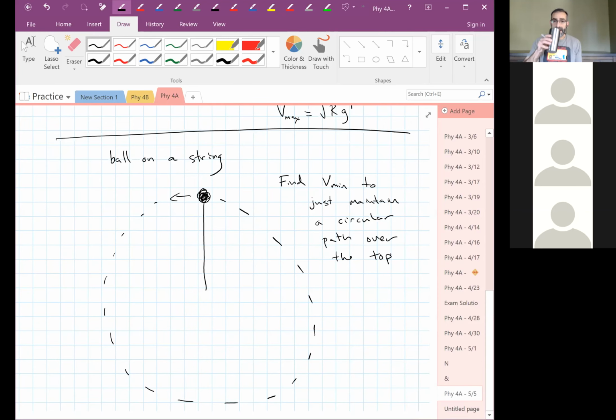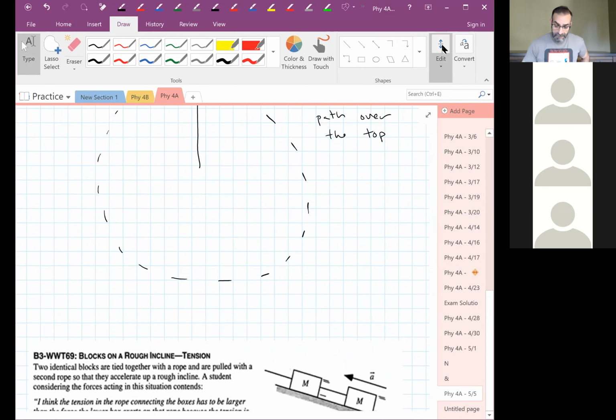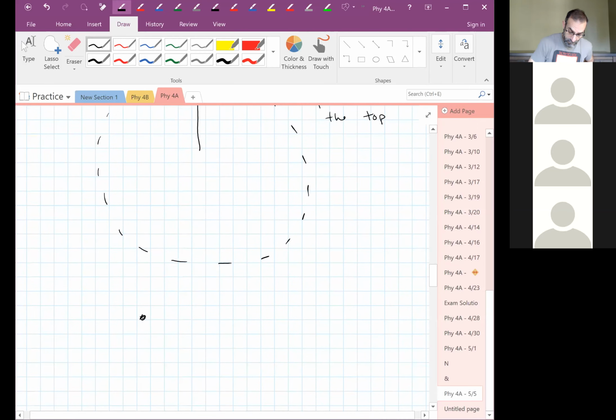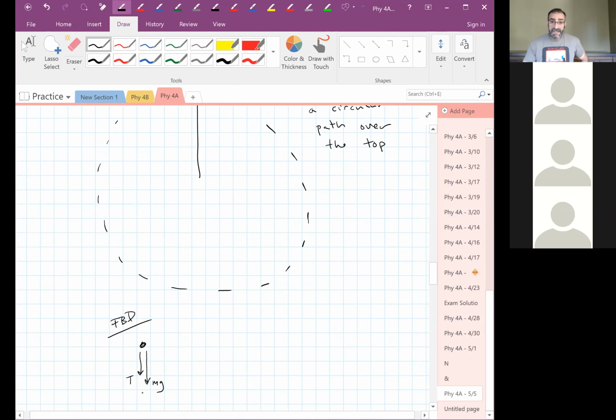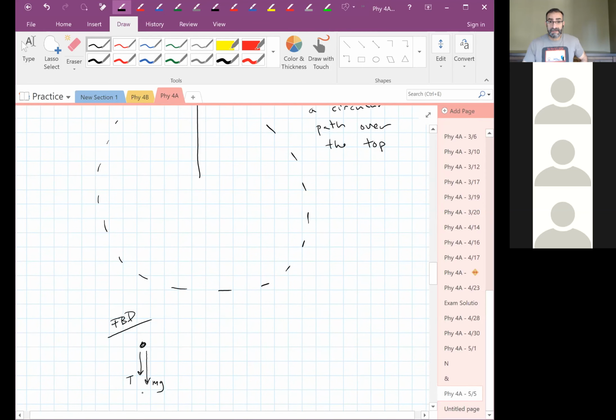So you're drawing a free body diagram, applying Newton's second law. So in this case, we've got tension in the string and the force of gravity both towards the center of the circle, right?